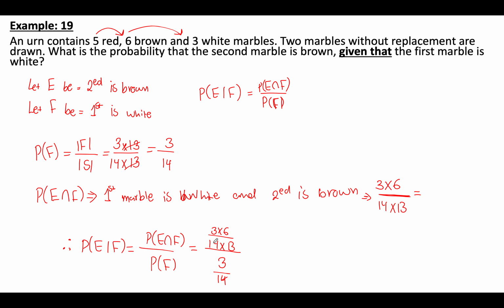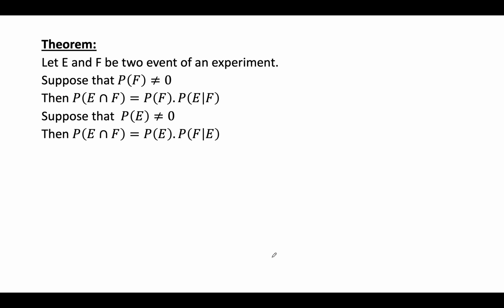So we will eliminate the similarity here, and then we got that this is equal to 6 over 13. If we have E and F as two events of an experiment where the probability of F is not equal to 0, so F should occur, then the probability of the intersect is equal to the probability of F multiplied by the probability of E given that F.